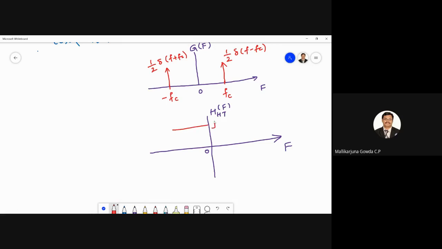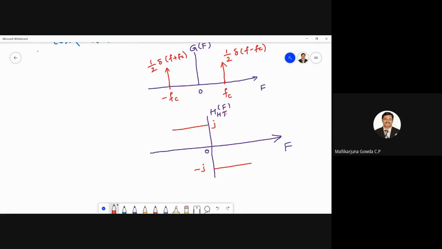So this is the Fourier transform of the impulse response of the Hilbert transform.